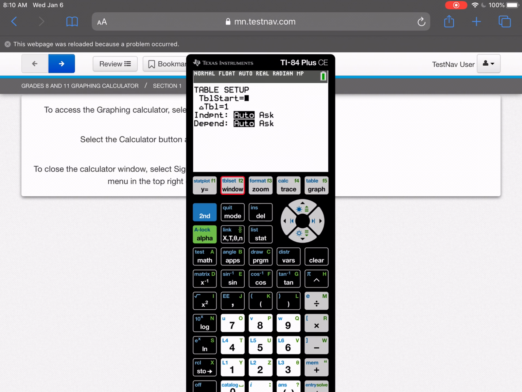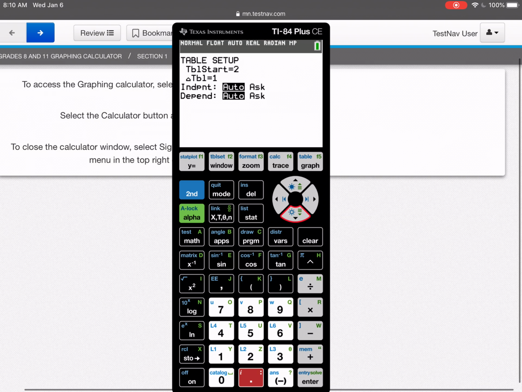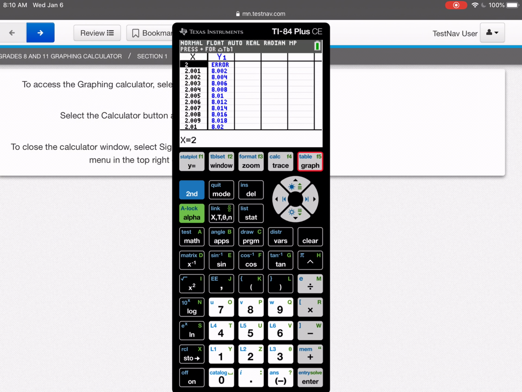Now I have to get close to that. So what I like to do is hit table set. I tell the table to start at 2, and then I'm going to get fairly small, so I use 0.001. And then I'm going to scroll up so that error is in the middle. And what you're going to see on both sides of the error, 7.99, 7.992, and it goes all the way to 7.998.